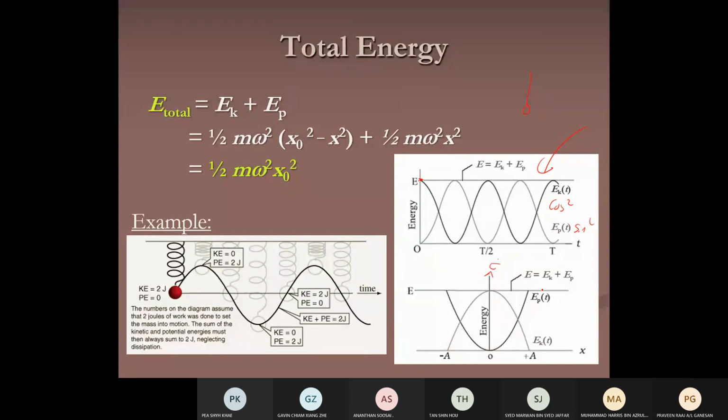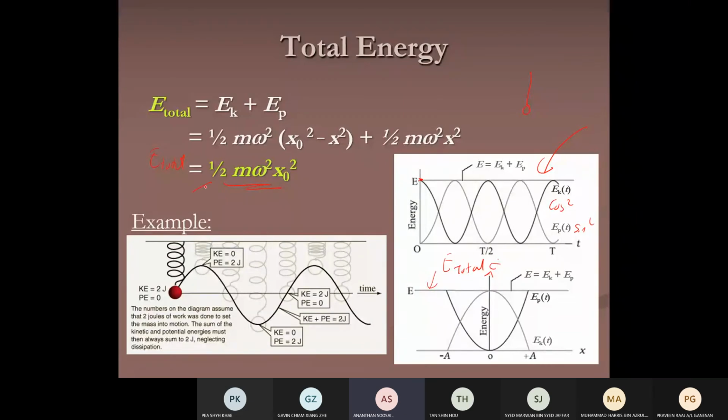Straight line is what? Straight line is the total energy. Total energy is just a straight line, because energy is always constant. Okay, the total energy is half m omega squared x naught squared. This formula is not only for total energy.